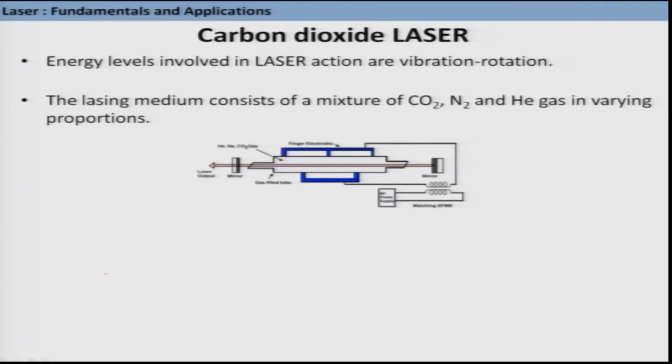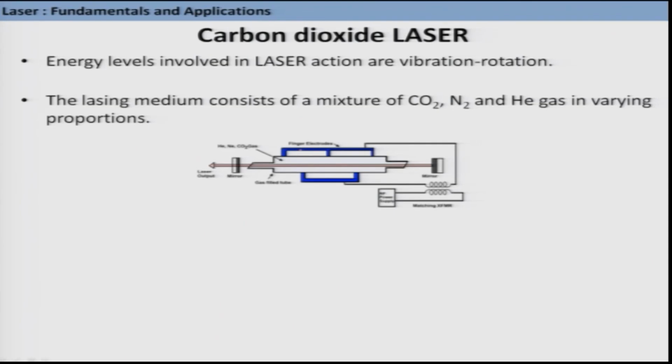Like any other gas laser, you have a sealed tube here, and you provide the electron impact by putting some electrodes accordingly, and at a given voltage difference you create an electric discharge, excite the gas molecules, and ultimately get the emission and hence the laser.